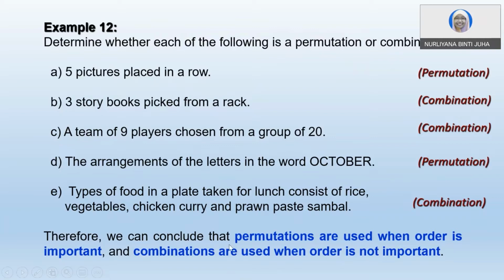Therefore, we can conclude that permutations are used when order is important and combinations are used when order is not important. Okay, so permutation tadi, orders or arrangements are important but not in combination.